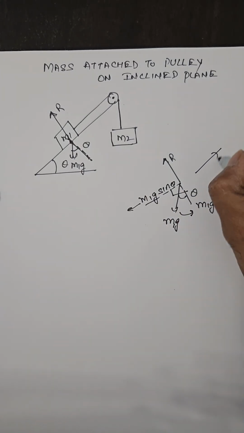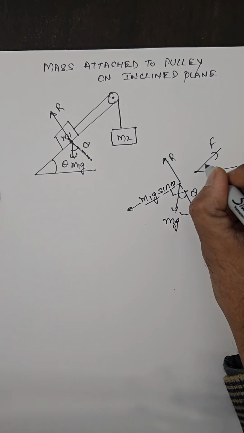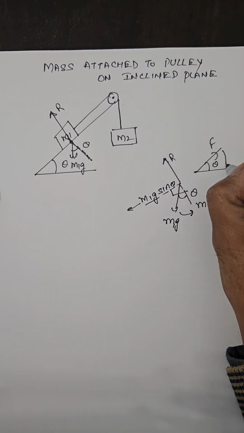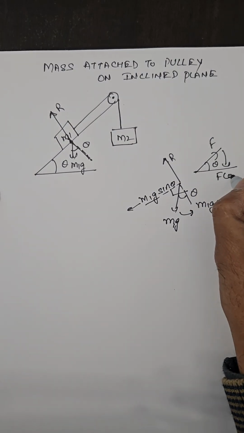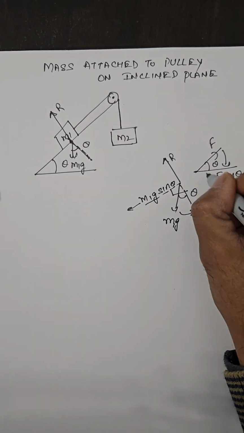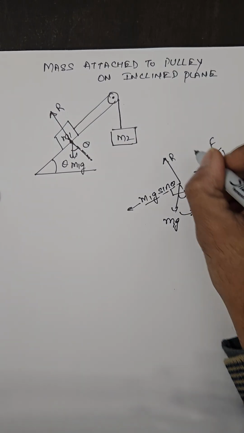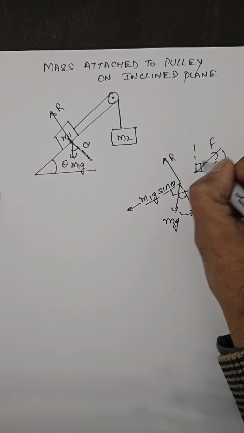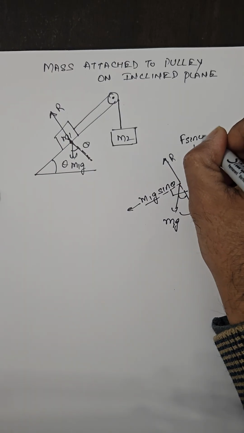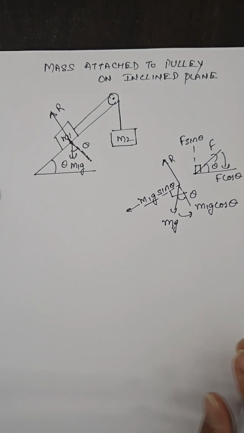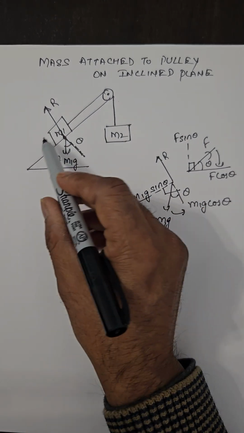Because we know if there is any force F making an angle theta, then if you take the projection of this force, it will be F cos theta along the direction of theta, and at 90 degrees it will become F sin theta. Using this concept we will solve this problem.